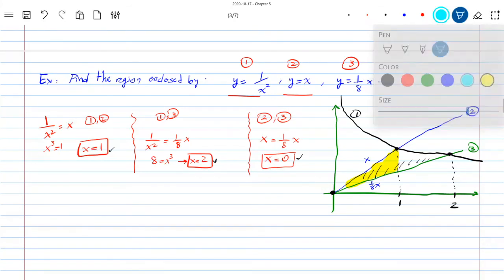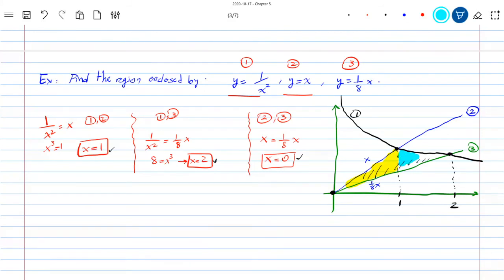After 1, what happens is you have the other two functions. One of them is 1 over x squared. The other one is 1/8x. So if I want to calculate the area, I have to break it up.